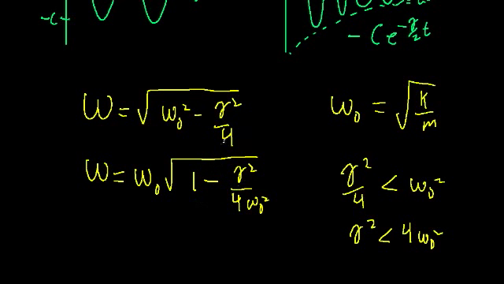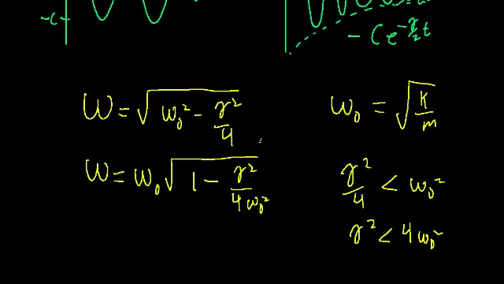So this entire square root is going to be less than 1 for the underdamped case, which means when we multiply it by our natural frequency, we get a frequency that's smaller than our natural frequency. That's the main kicker. We undergo fewer oscillations per unit time. And that kind of makes sense, because if we were experiencing some drag, you can understand that it wouldn't oscillate back and forth as quickly.